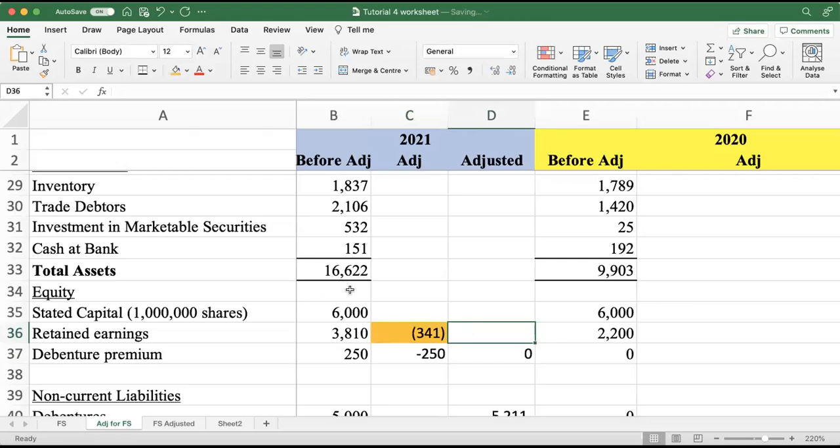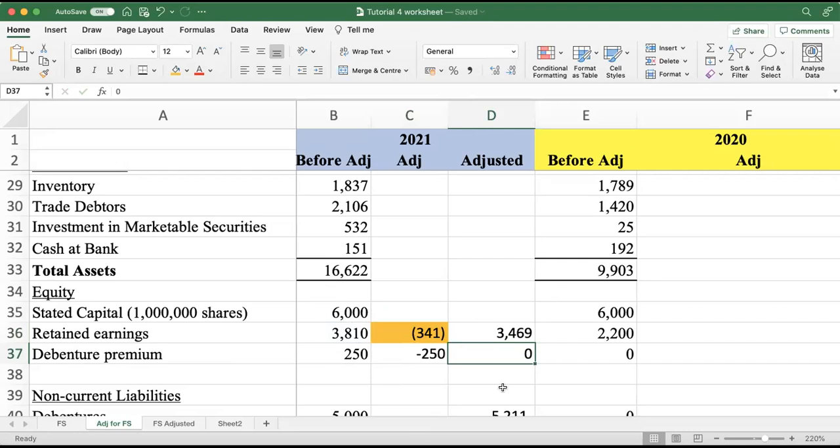Before adjustment, the retained earnings 3,810. So that reduces by 341. Then adjusted retained earnings 3,469.